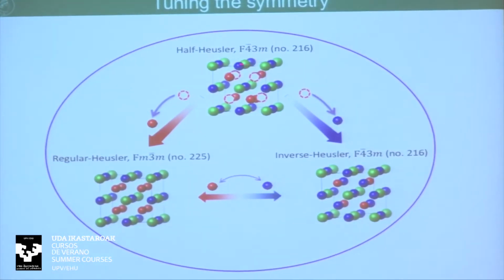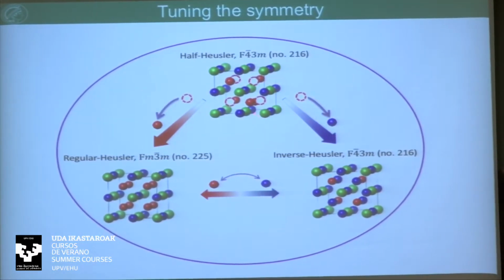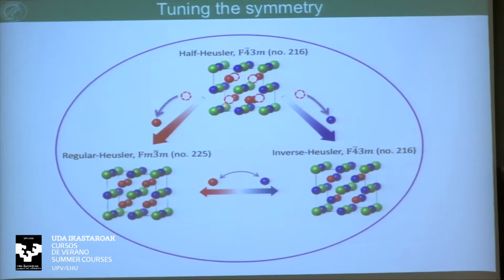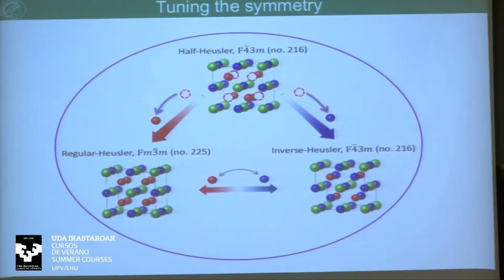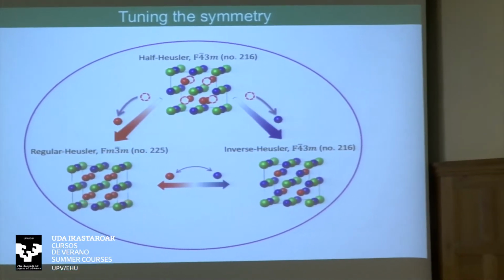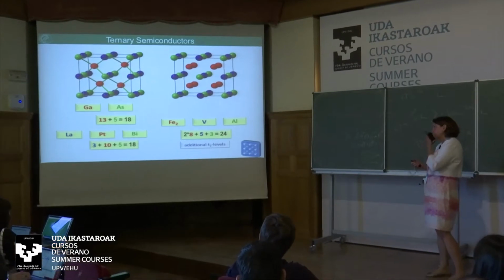You can do this while keeping noncentrosymmetry, so you fill it with the same type of atoms sitting here, or with the same type of atoms sitting there, and you have inversion symmetry. So here we can even play a little with the symmetry and see whether we can really see a topological difference if we have a mirror plane in this plane or not. And you will see it's really possible.